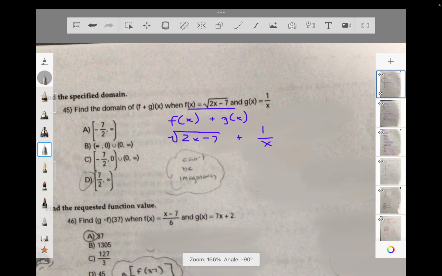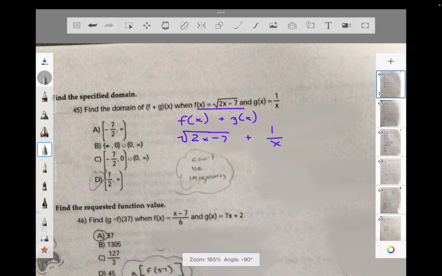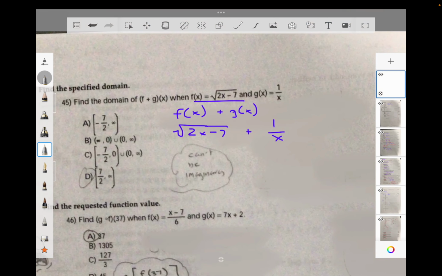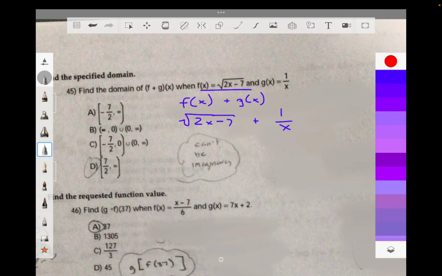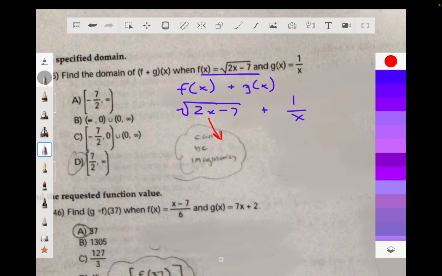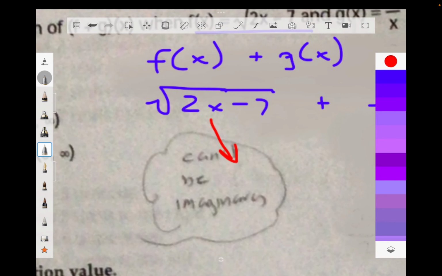Again, the domain is the x-axis, and for the domain, we don't want a negative in the square root.